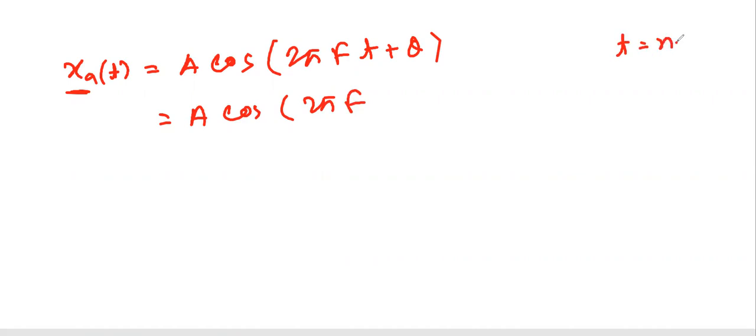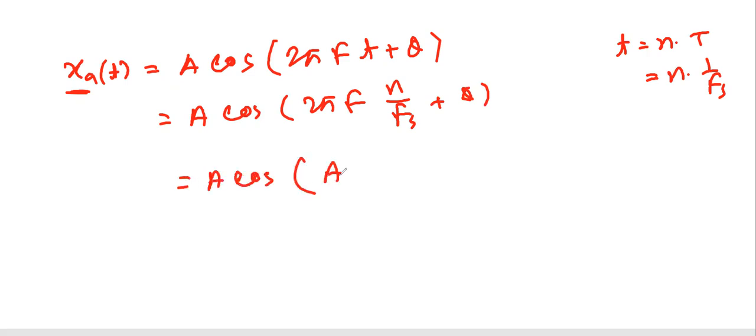Small t is equal to n into T. Please try to understand the things, because it will be very, very important for the application. 1 divided by Fs, so we can write n divided by Fs plus theta. So you can write like this: twice pi f divided by Fs into n plus theta.